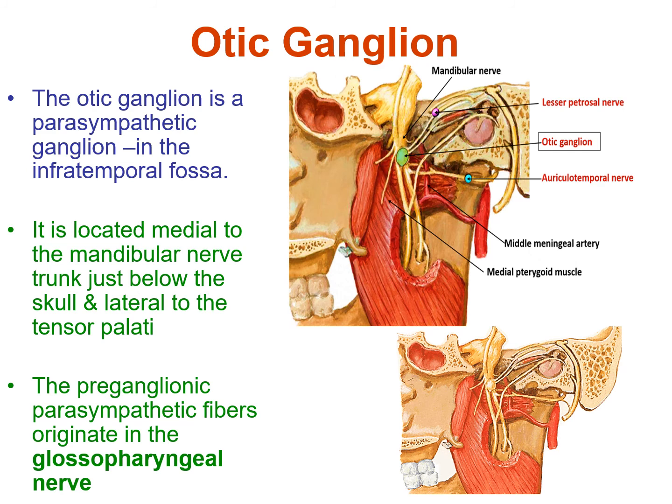Now before we proceed with the otic ganglion, let us discuss the parasympathetic ganglia. The four ganglia are generally associated with the branches of the trigeminal nerve, and they belong to the parasympathetic division of the autonomic nervous system. They receive preganglionic fibers from either the oculomotor, that is the third nerve, or the seventh nerve, or the ninth nerve.